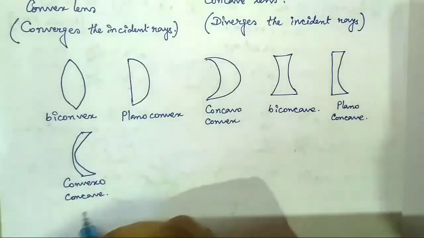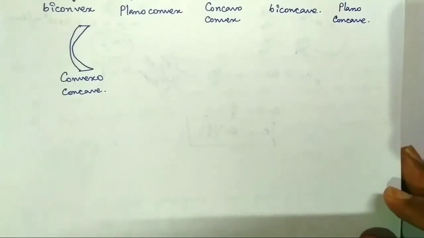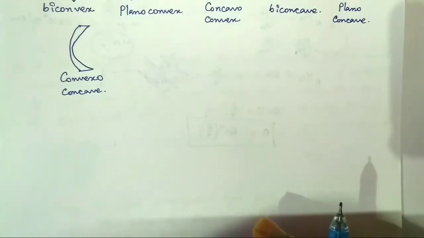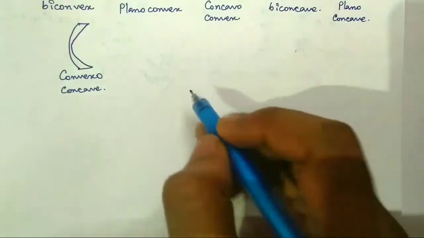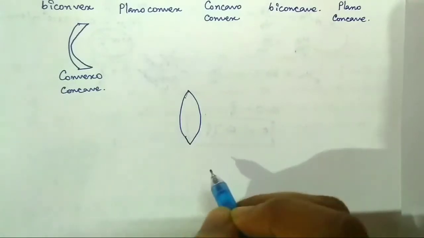Convexo-concave lens. Okay. Now, as there are two spherical surfaces, hence there will be two centers of curvature and two corresponding radii of curvature. Now this is my biconvex lens.